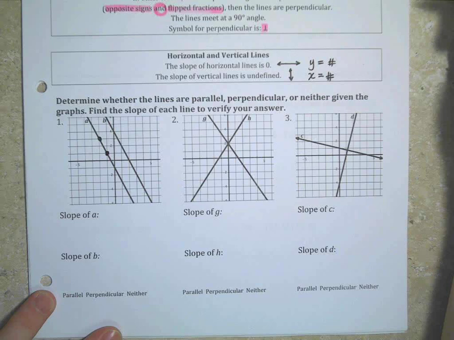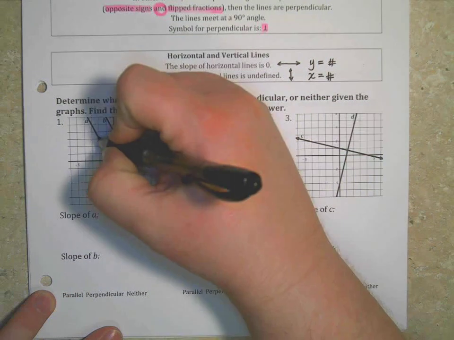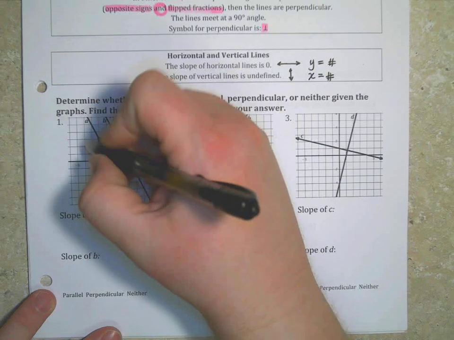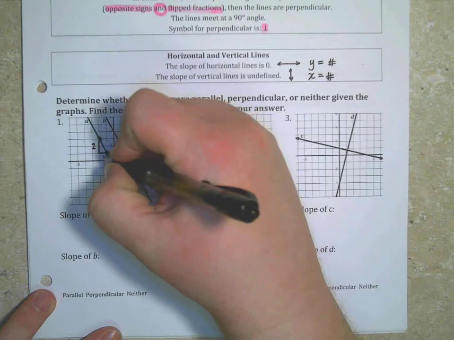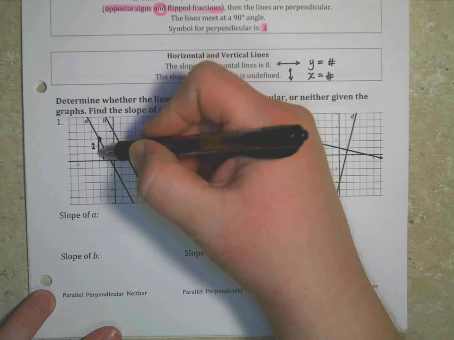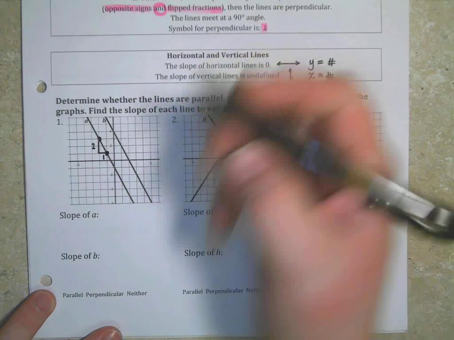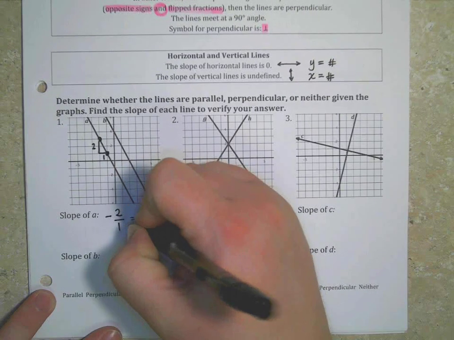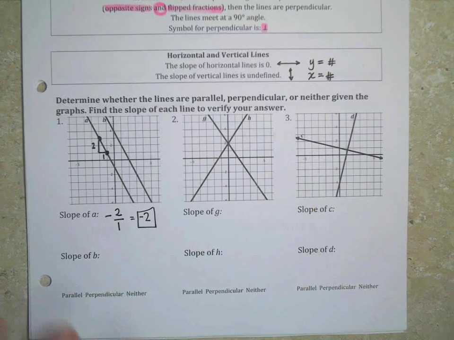So I can use those 2 dots on line A. Then I'll draw my little slope triangle, and that's a vertical change of 2, a horizontal change of 1, and we're going down and right, which makes this a negative slope. So this is going to be -2 over 1, which will simplify to -2.